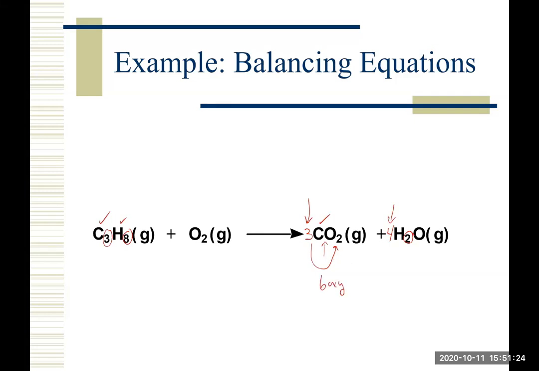And if we look at the water, we have 4 times 1, because there's a presumed 1 there, giving us a total of 4 oxygens. When we add those together, that gives us a total in the products of 10 oxygens. Over in the reactants, we have only 2 oxygens. So to balance this on both sides, we're going to add a 5. And now this reaction equation is completely balanced.